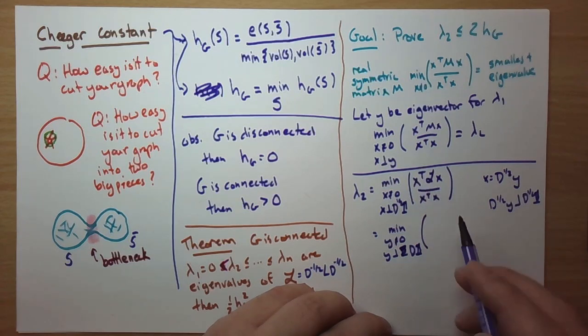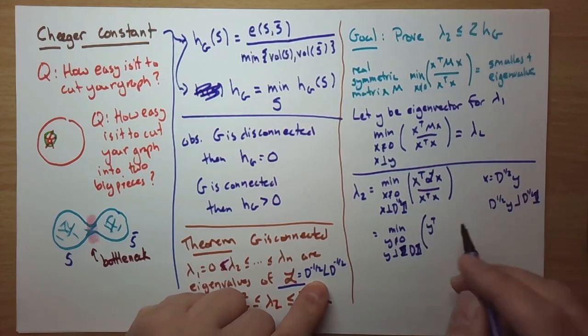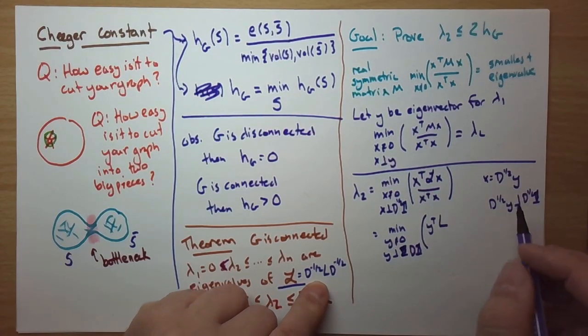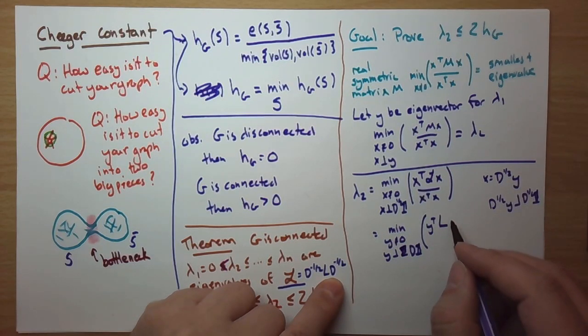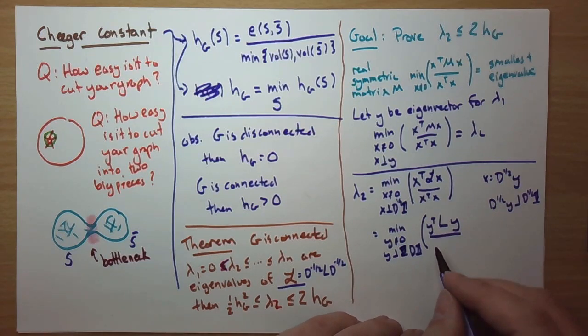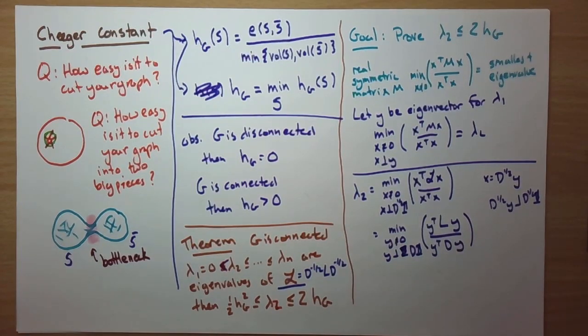All right, now upstairs we'll get y transposed, then d to the 1/2 times d to the minus 1/2, which cancels, so we'll have an L. And then d to the minus 1/2, d to the 1/2, which cancels, so we'll have a y. And downstairs we're going to get y transposed Dy. All right, so far so good?